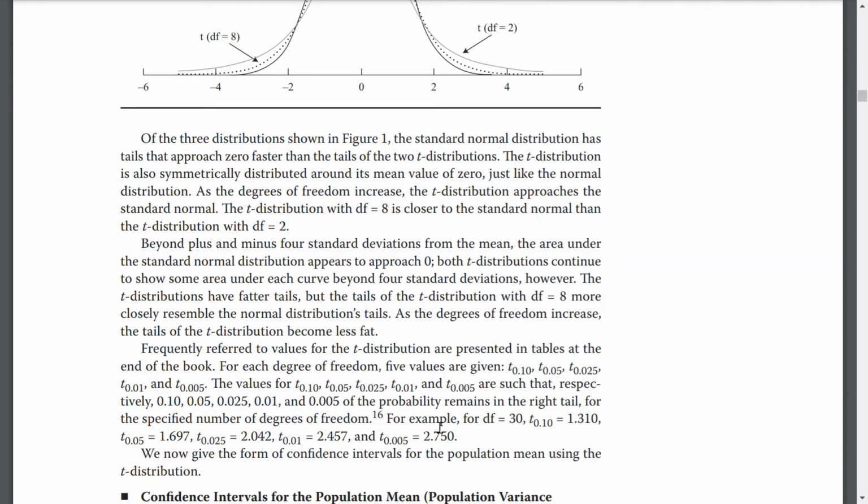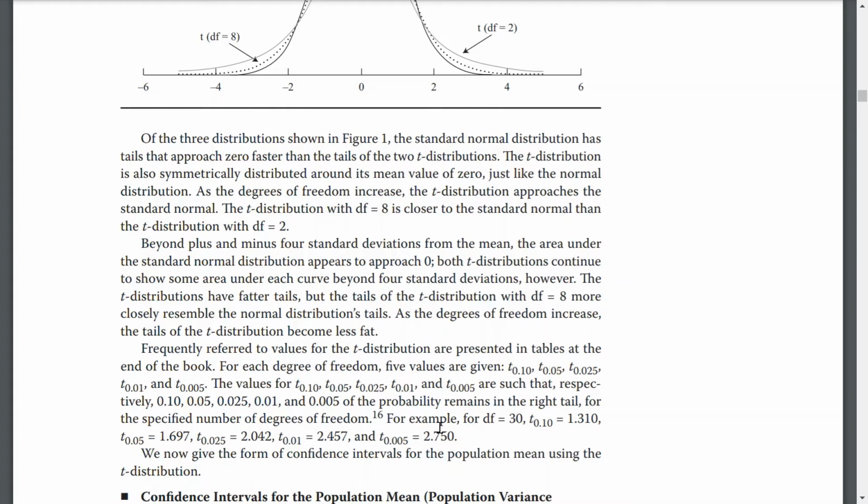The t distribution is also symmetrically distributed around the mean value of 0, just like the normal distribution. As the degrees of freedom increase, the t distribution approaches the standard normal. The t distribution with df equals 8 is closer to the standard normal than the t distribution with df equals 2.